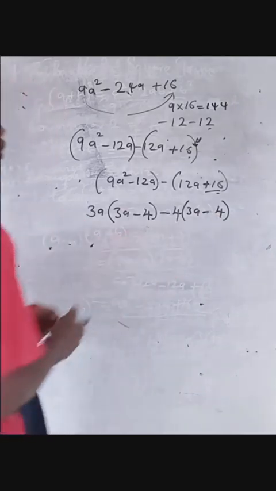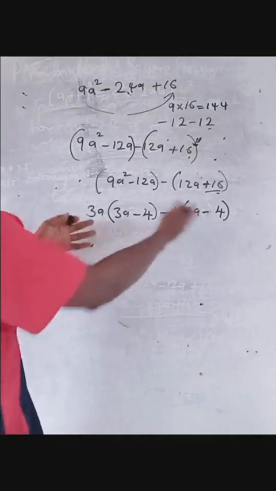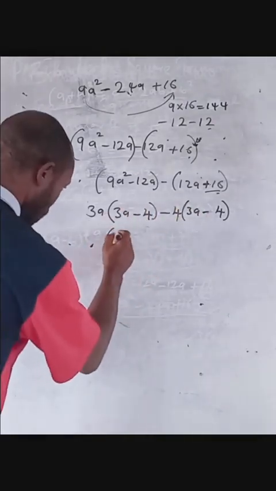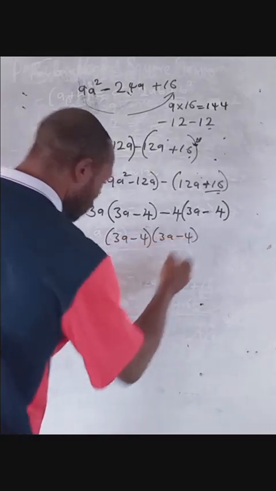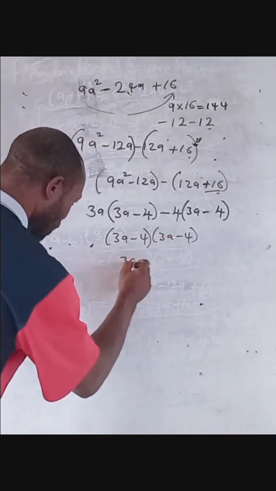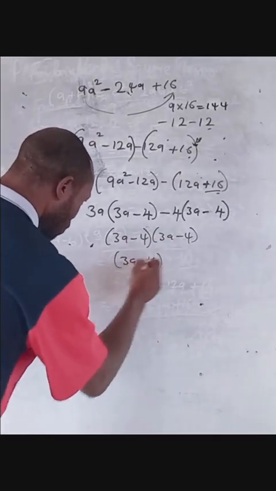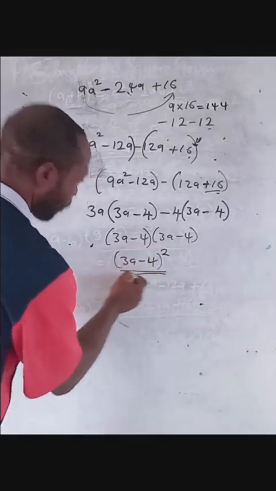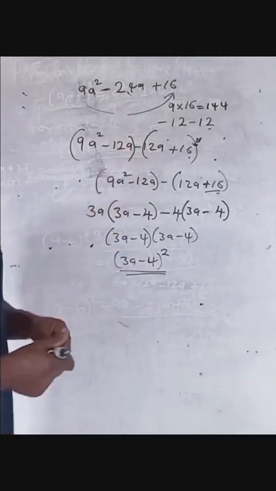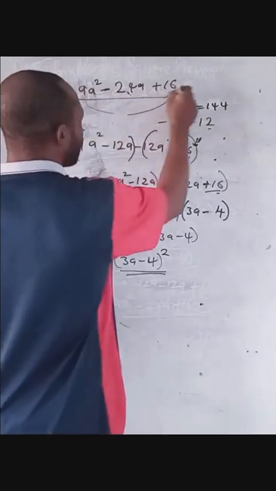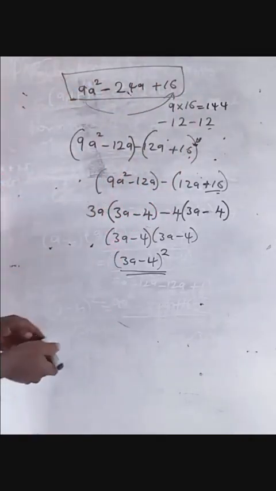So now you can see that by the time I collect like terms, this now becomes 3a minus 4, 3a minus 4, which is the same thing as 3a minus 4 squared. Can you see it? So this is another method that you can use to factorize a perfect square trinomial like this algebraic expression.